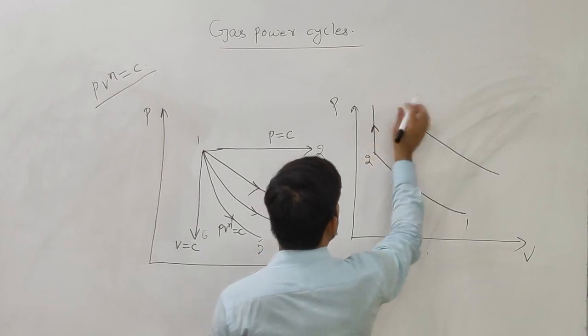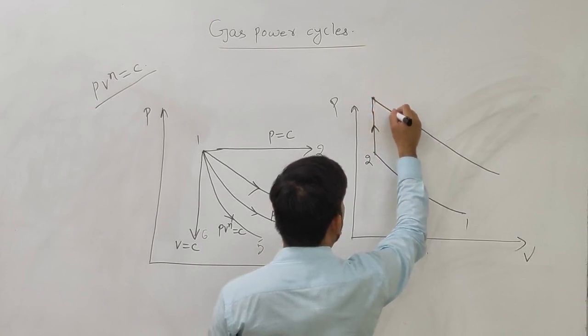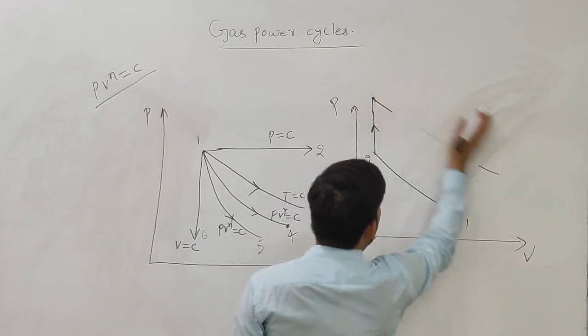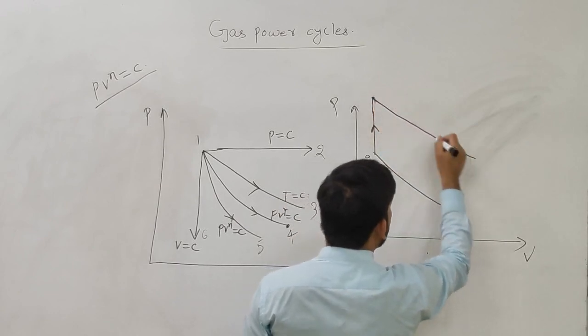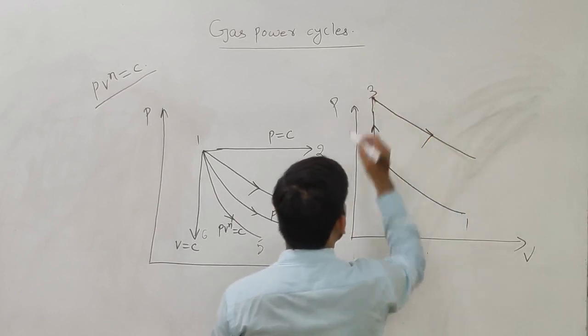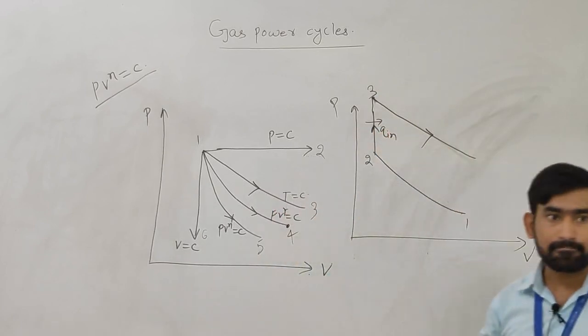2 to 3 is a constant volume or isochoric process where heat is added. 2 to 3, here heat is added in case of Otto cycle.